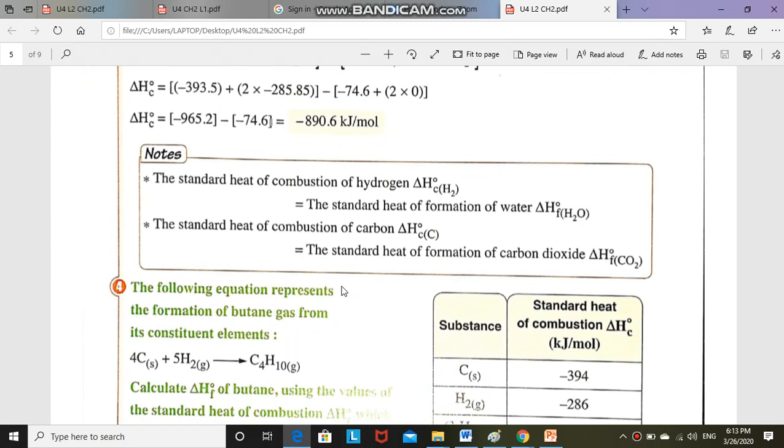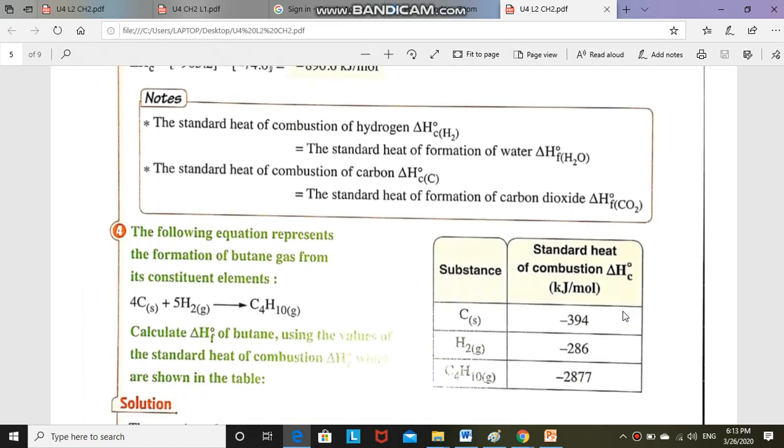We can use some values for a reaction to change it from combustion to formation. So the standard heat of combustion of carbon equals the standard heat of formation of carbon dioxide. It is the same value, opposite for formation and combustion.